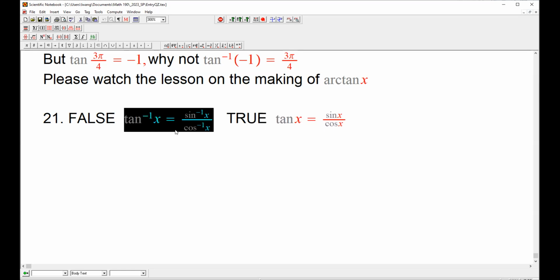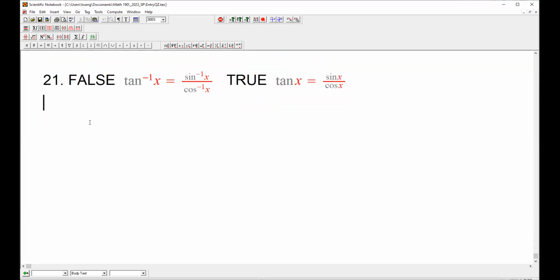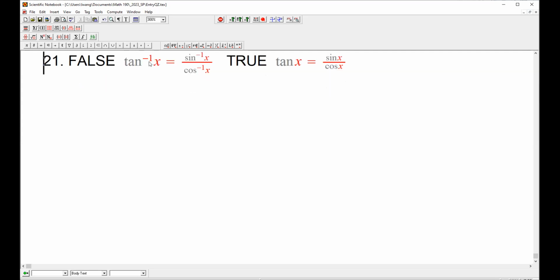You can analyze from the domain's perspective, or you can just use a simple example. A counterexample. I hope this counterexample will serve you when you're about to make that mistake and say, wait a second.